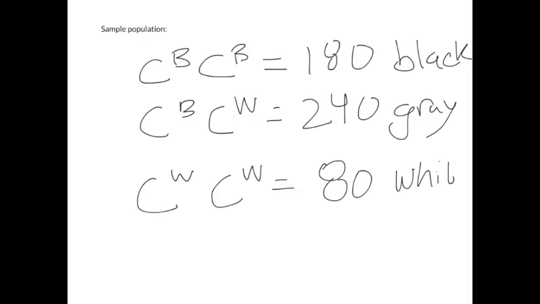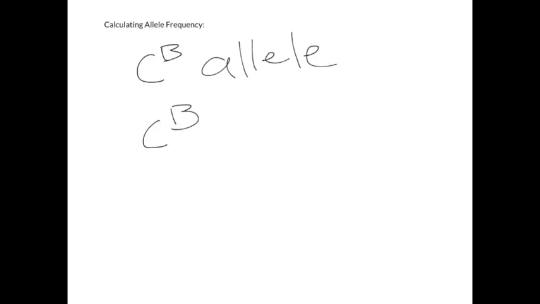We see that this sample population has 500 individuals, but keep in mind each individual has two alleles for each gene, so that means there are a total of 1,000 alleles in the population. Let's start by looking at how to calculate the allele frequency for the CB allele. Remember, there are two genotypes that contain CB alleles.